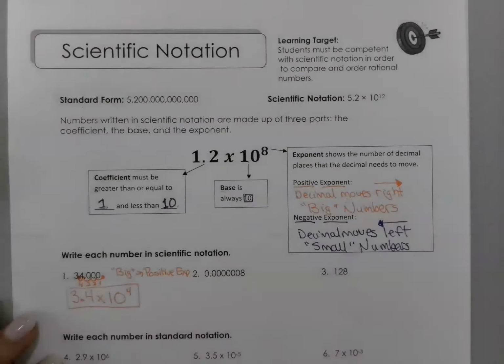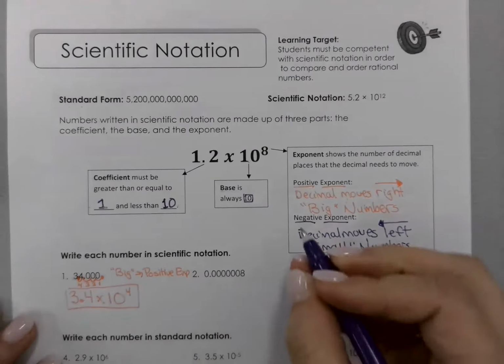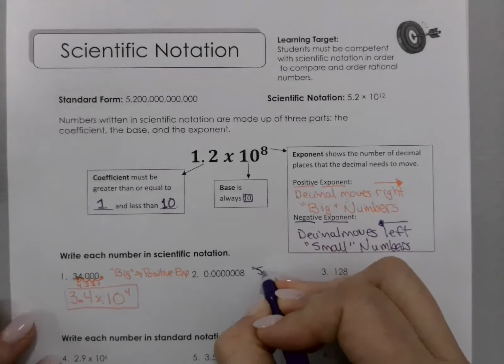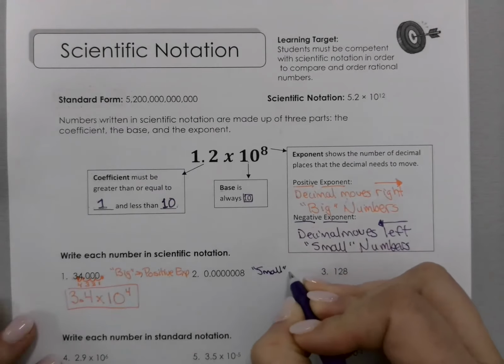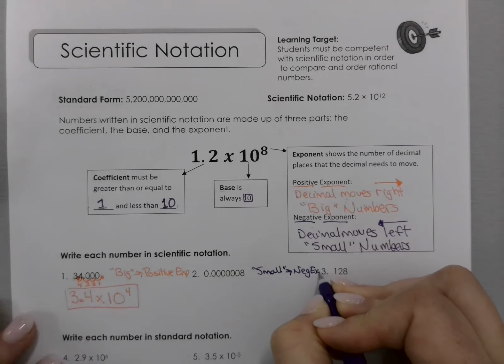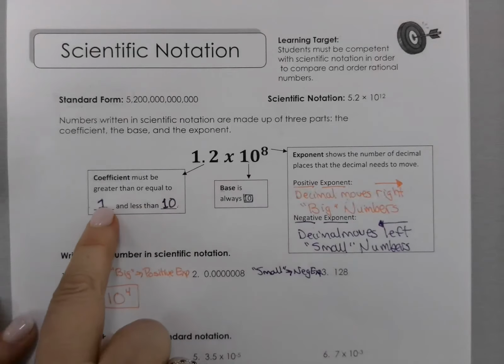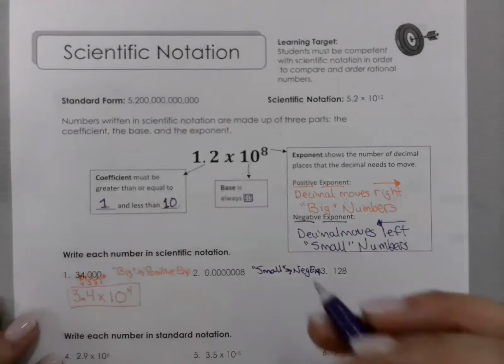When I look at my next example, this is a decimal. It's all the way in this place value. So that is definitely a small number. So my exponent is going to be negative. I'm going to abbreviate that so it fits. So let's move the decimal so I can get it into a number between 1 and 10.